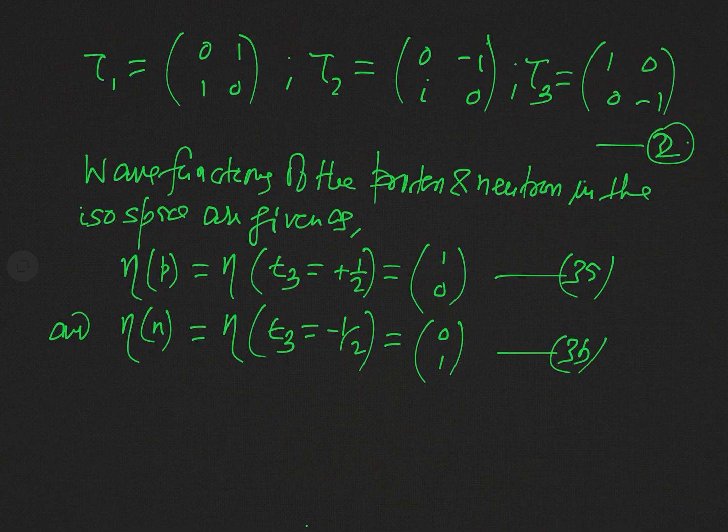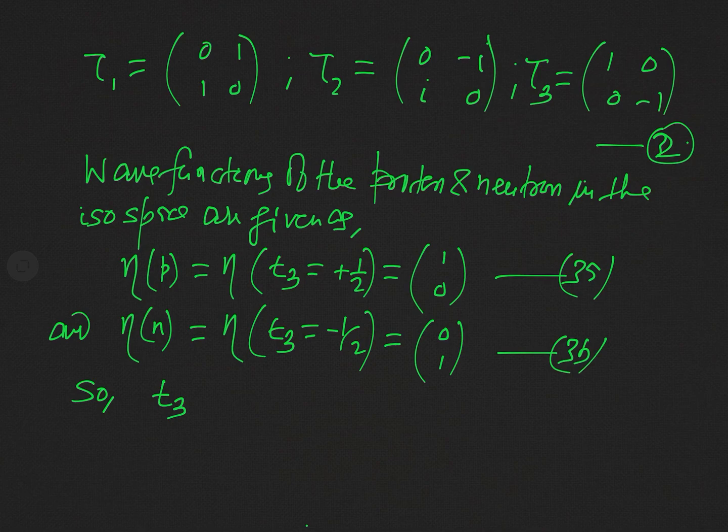And from these results you can see that we can write the eigenvalue equation for these wave functions. You know this T3 is just like an operator, and in fact the eigenvalue of this T3 is 1 by 2 for proton and minus 1 by 2 for neutron.